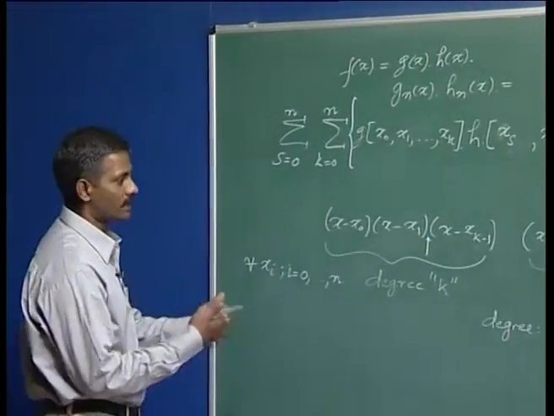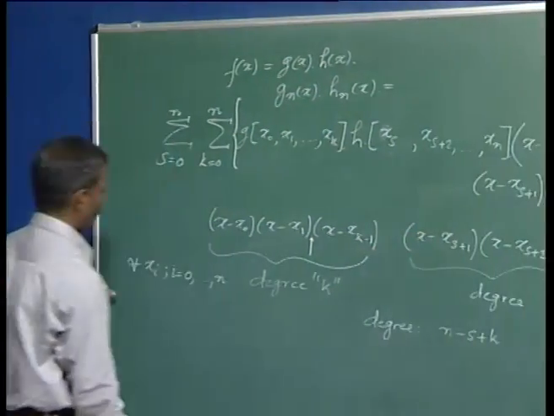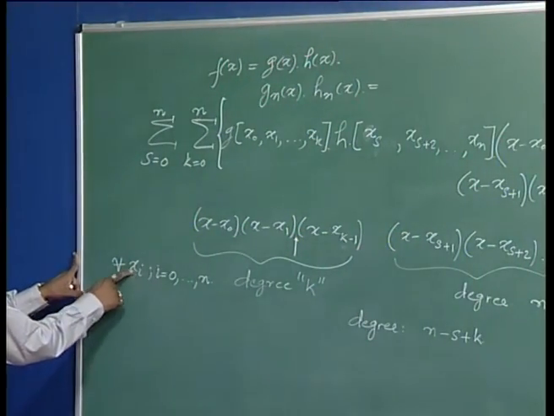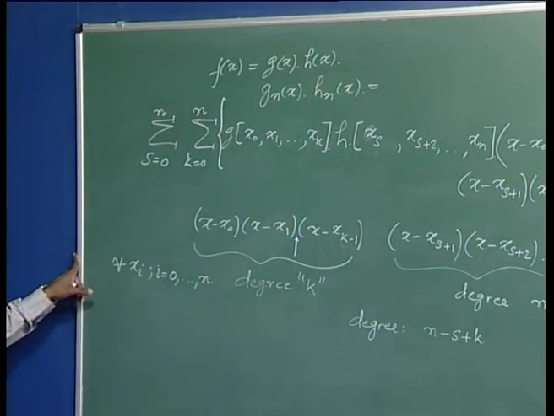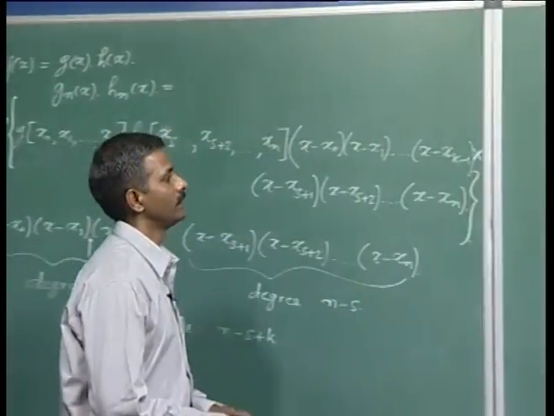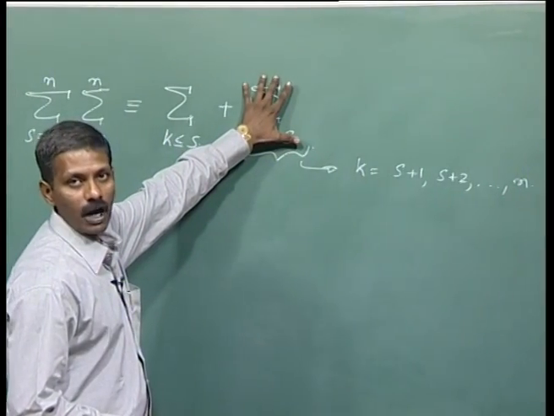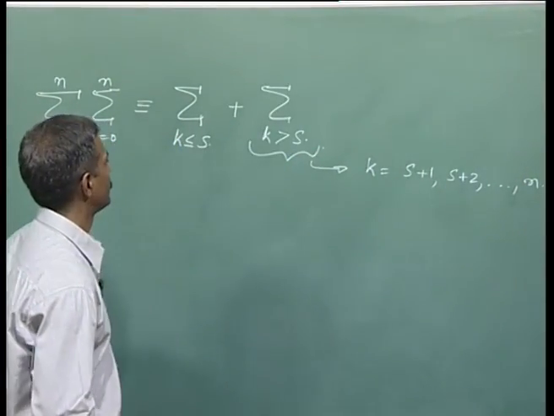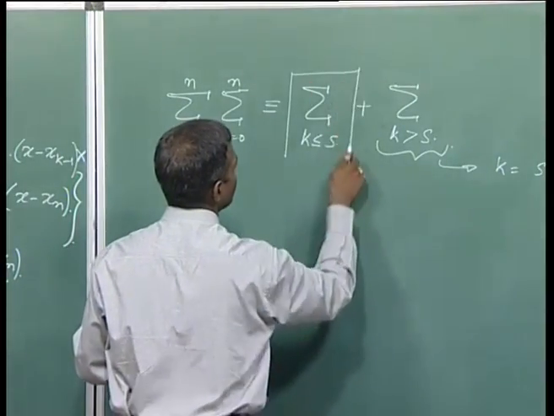There will be some square terms and so on. And this entire expression will become 0 for all values of xi, for i going from 0 to n. So if you think about it, this part of the summation does not bother us. It is this part that we need to worry about.